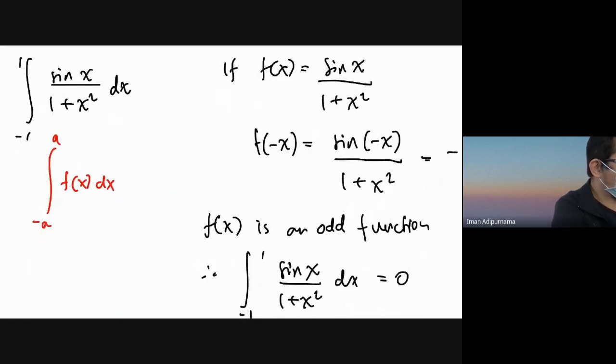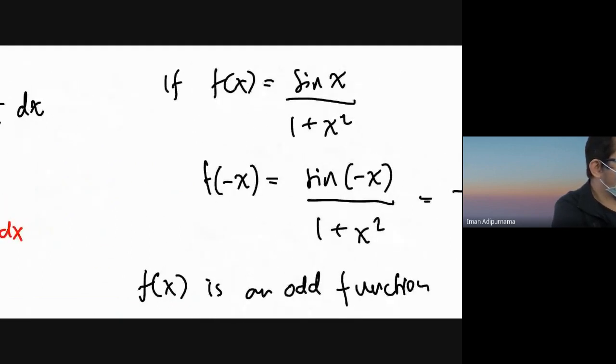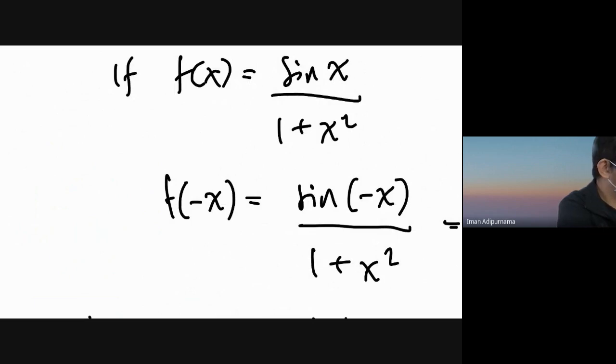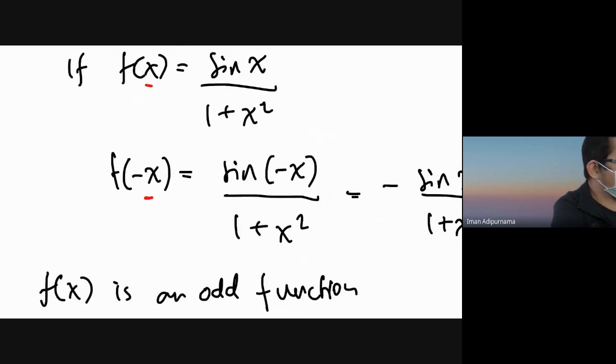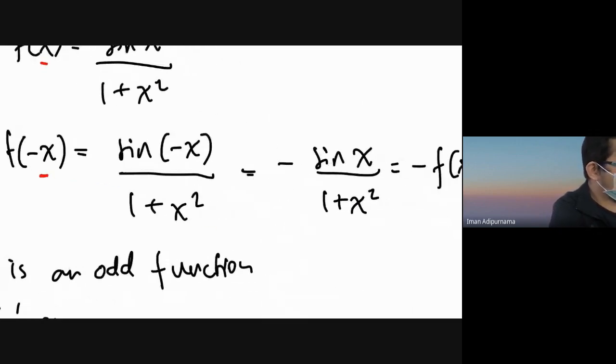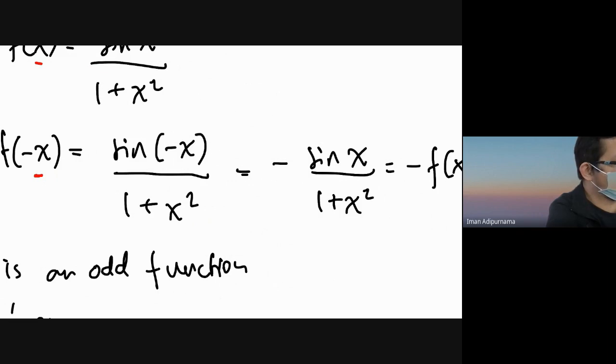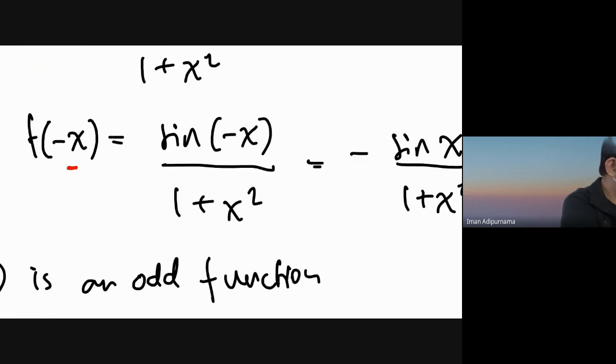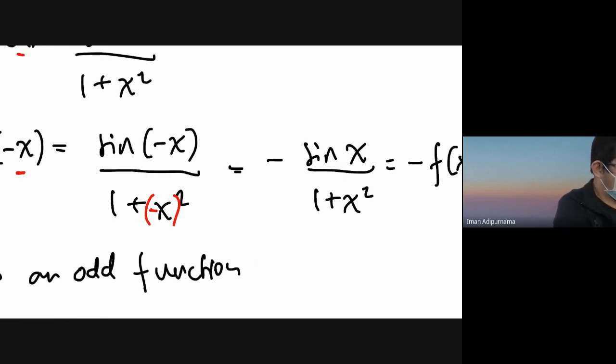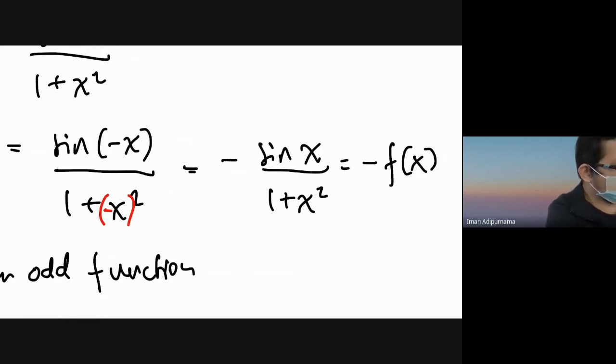First, we can check whether it's odd or even when we deal with the negative x inside the function. When you plug in negative x, this will become a negative sine x, right? Because this is the same positive, no change on the bottom. So it will be negative f of x.